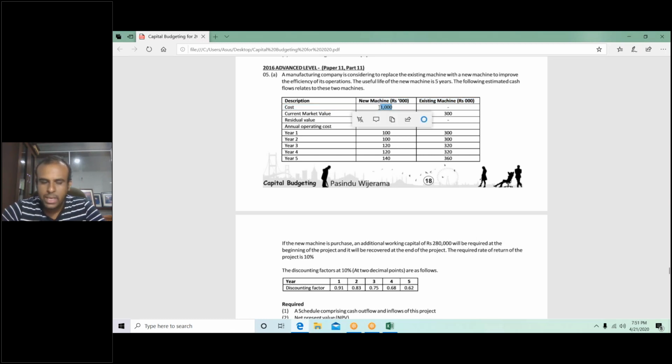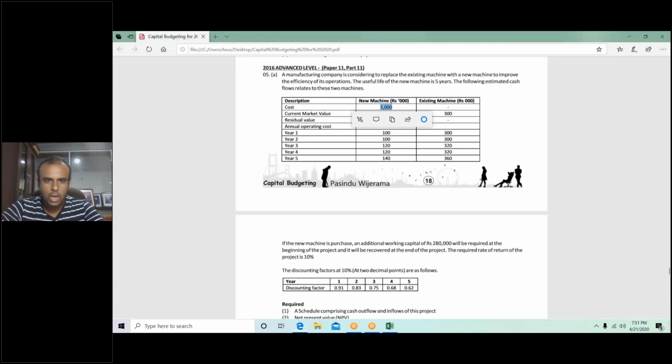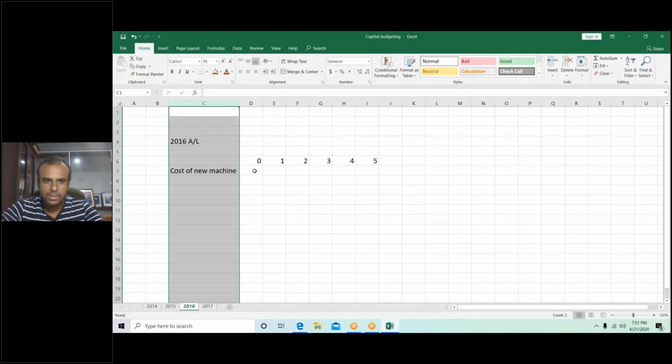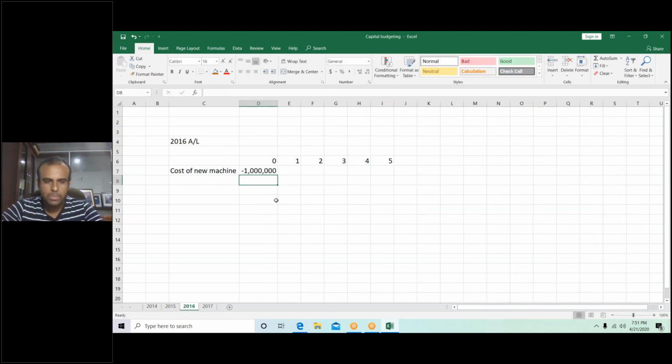So that 1 million generates a cash outflow of rupees 1 million. Clear now?